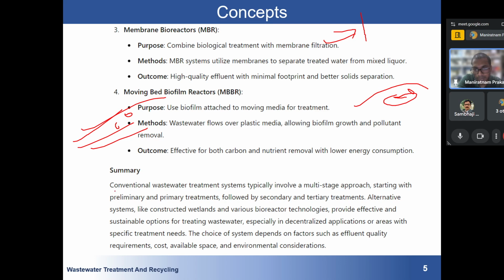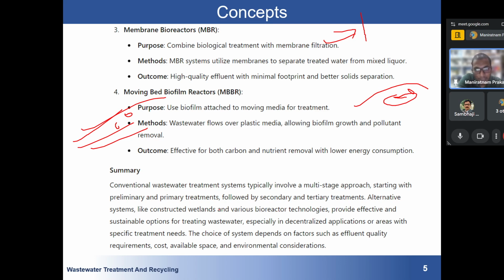Overall, if you want to compare this conventional method and this alternative method: conventional wastewater treatment typically involves a multi-stage approach, starting with preliminary and primary treatment, followed by secondary and tertiary treatment.